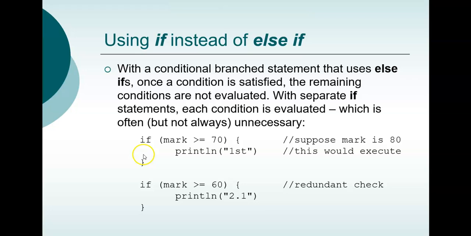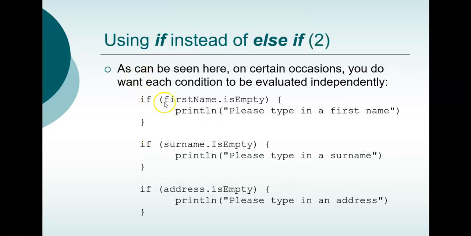But there are instances where you want to test multiple conditions and you want to execute both, then you can do that. For example, we want to check if the first name is empty, then we print this. Now the fact that the first name is empty or not empty does not mean that the surname will not be empty. So in this instance, we can have independent if statements.